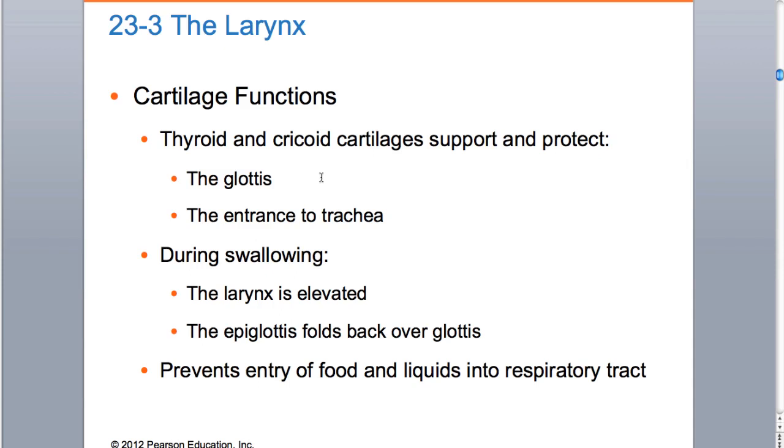Notice it says during swallowing, the larynx is elevated. It prevents the entry of food and liquids into the respiratory system. So this thing is actually what? Flexible. That's why I want you to summarize this slide that way. Why cartilage? Because it's flexible, and you need that. So it supports, it protects, but it's also flexible.